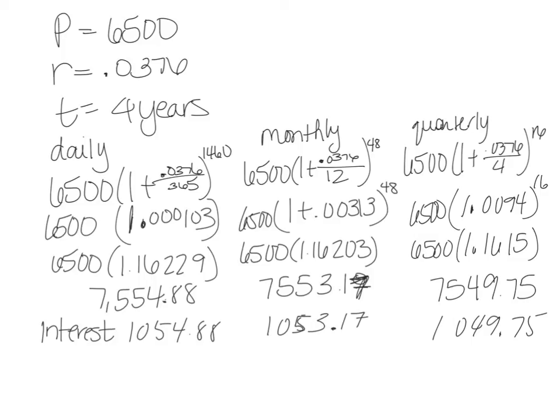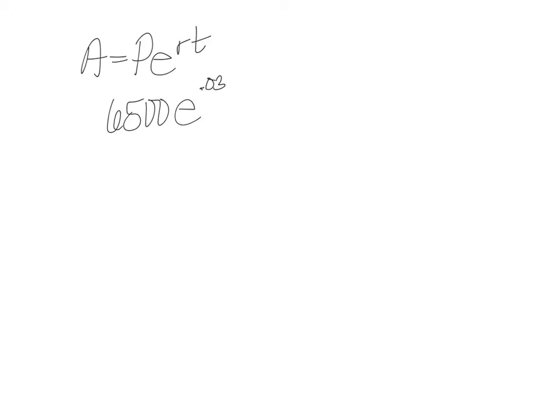And then lastly, if it's compounded continuously, we use the A equals P e to the r t equation, where e is Euler's number, and that's 6,500 times e to the 0.0376 times 4. When we do that in my calculator, I'm going to do 0.0376 times 4 first. And so I get 6,500 e to the 0.1504.